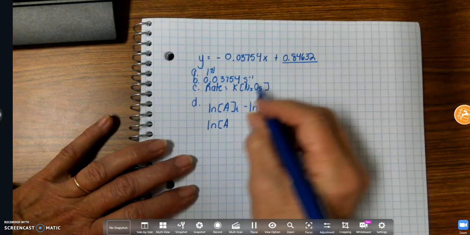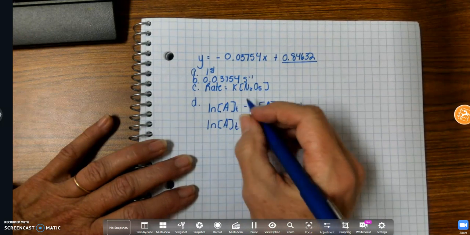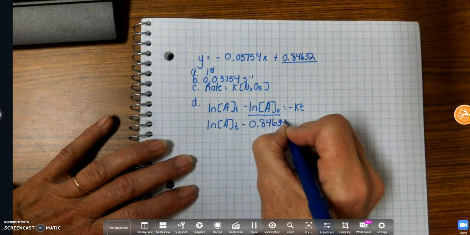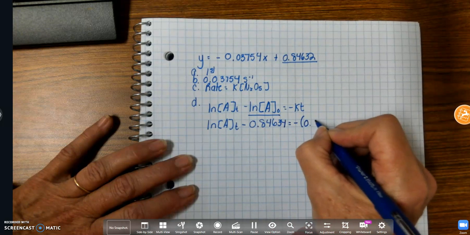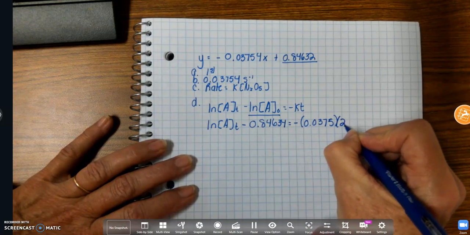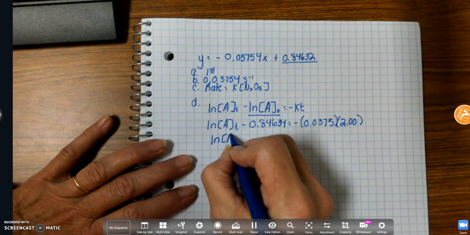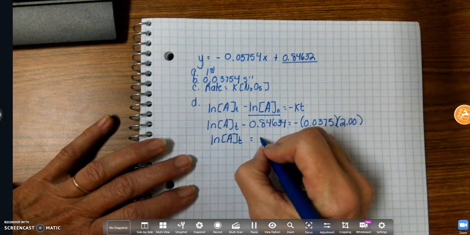Because that is my y-intercept, mx plus b. So that's going to be minus 0.84634 is equal to, I know what my k is, a negative 0.0375 times 2 minutes.